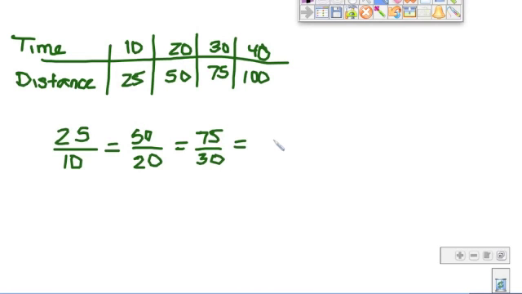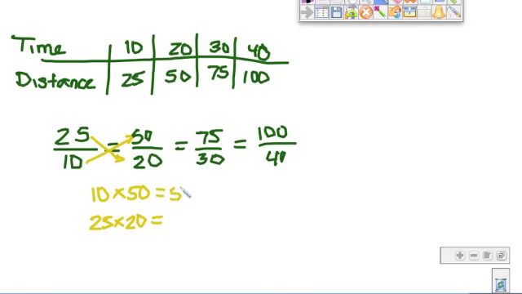Okay, writing these all out. Always putting the y over x, or just flipping them upside down, whichever is easier for you to remember. If I were to multiply, let's say these two together and these two together, which means I would have 10 times 50, and I would have 25 times 20, I would get 500 each time.